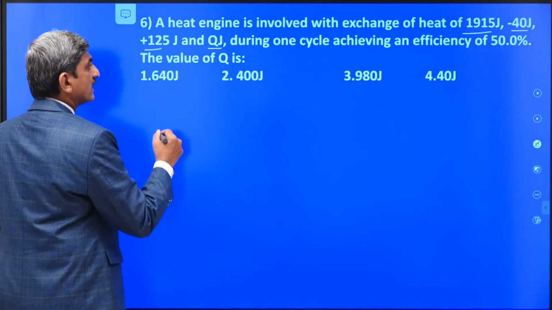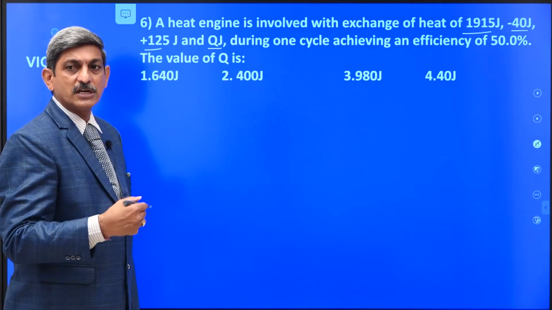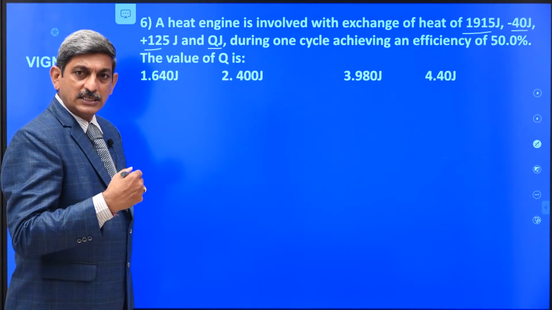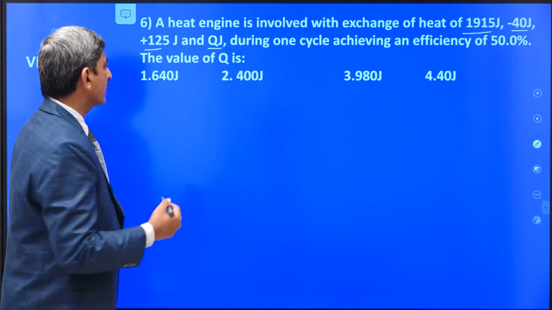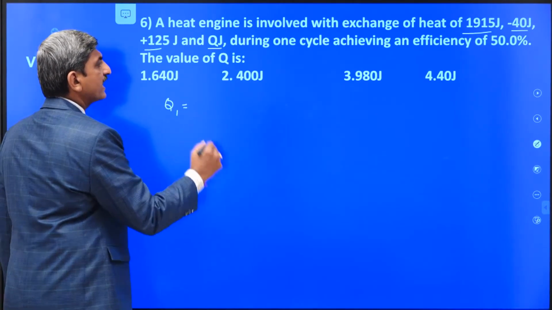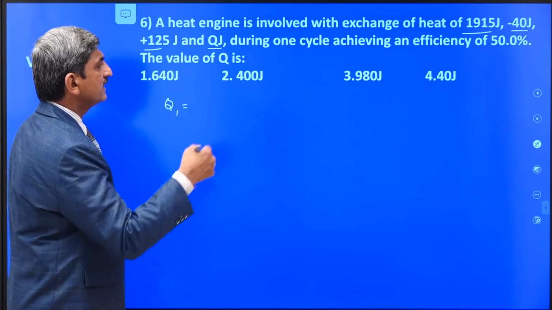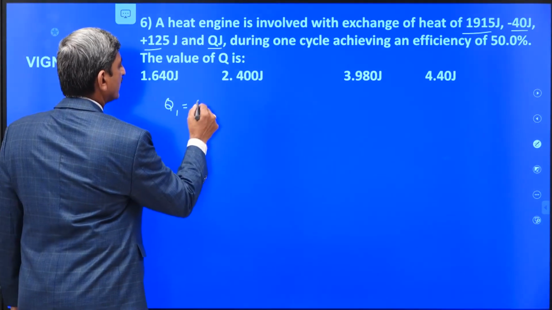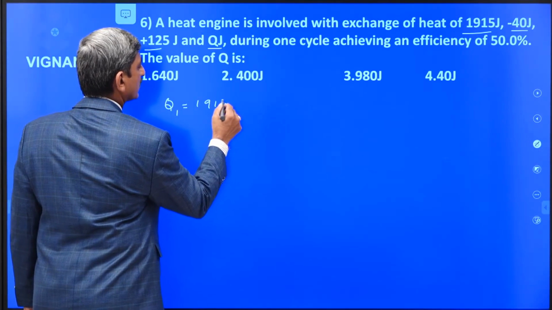Here, we already know the things going on in a heat engine in one cyclic process. The heat energy taken by the gas in the first step is 1915 joules.